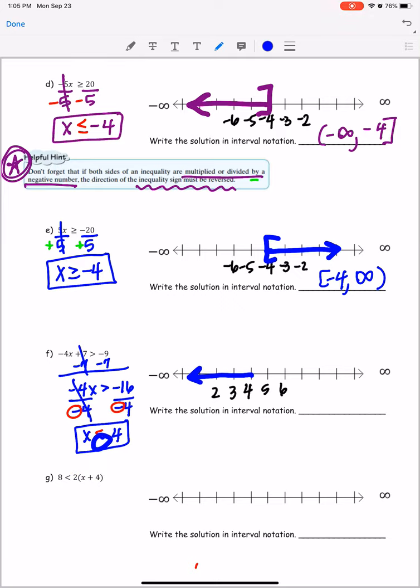It's got nothing underneath it, so we've got parentheses. Then in interval notation, we first come across this arrow, which is pointing to negative infinity. And then it ends with this 4 and a parenthesis.